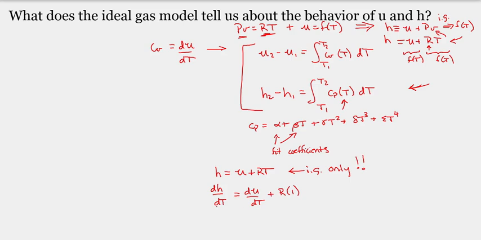And you look at these expressions and say, hey, that's the simplified definition of the specific heat at constant pressure as a function of temperature. And that is the specific heat at constant volume, also as a function of temperature, plus R. So this relationship between the specific heats and the specific gas constant, again, is unique to the ideal gases.